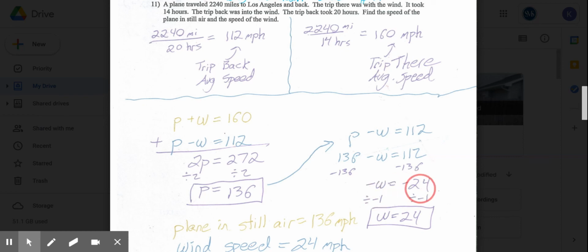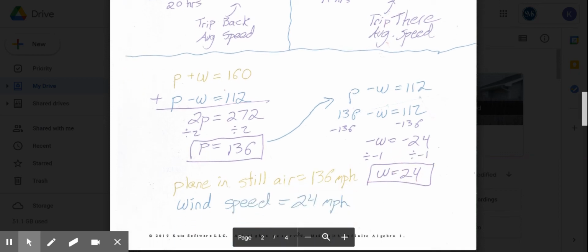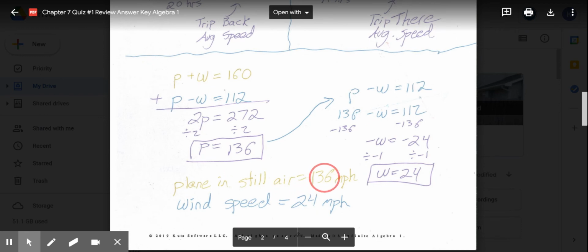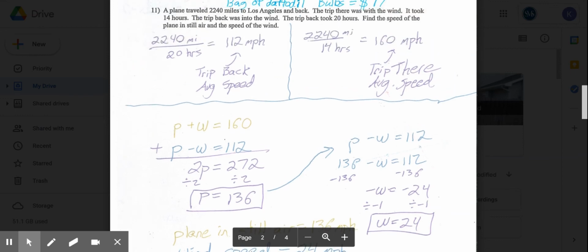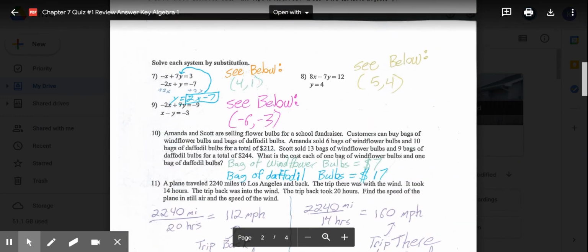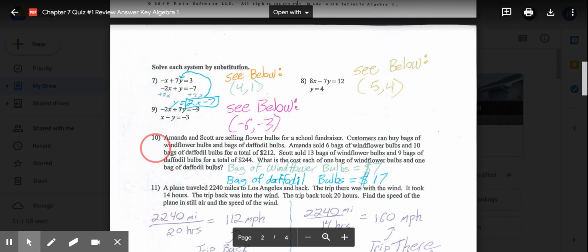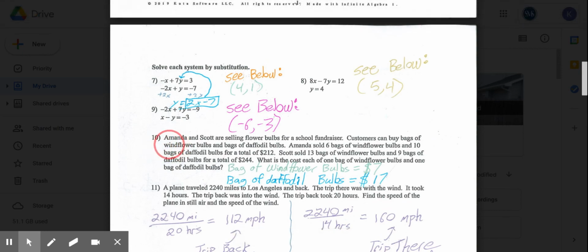So we divide both sides by negative 1, and we find out our wind speed was 24 miles per hour. So the plane in still air was 136 miles per hour. The wind speed was 24 miles per hour. But as I said, the problems on the actual quiz are going to be much more similar to problem 10 here.